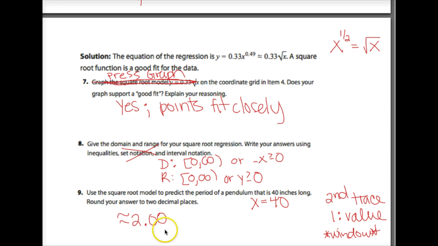I wouldn't need you to put the decimal places. I'm just putting them to make sure that we realize that that is a rounded value. That's not exactly what came up, but it said to round to 2 decimal places.